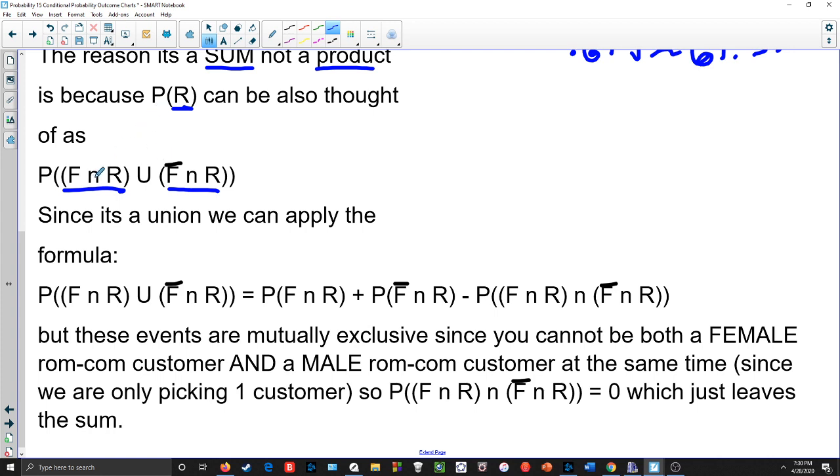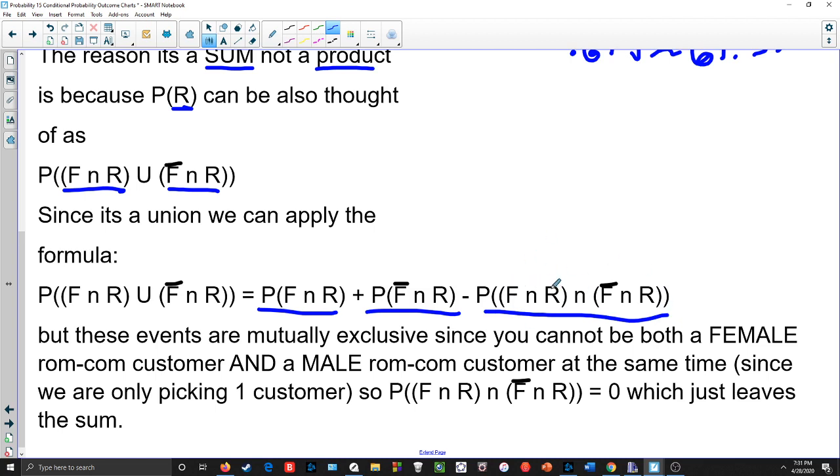But that's what this means in English terms: the chance of picking a female rom-commer or male rom-commer. Well, if you remember, the union rule says that if you want this probability, you take the probability of a female rom-commer plus the probability of a male rom-commer minus the probability of somebody being both a female and male rom-commer, because you want to avoid the double count.